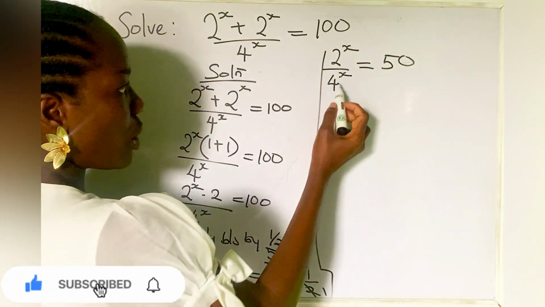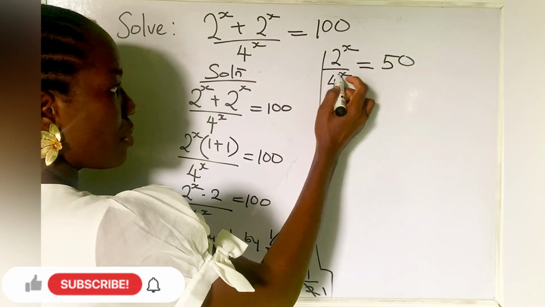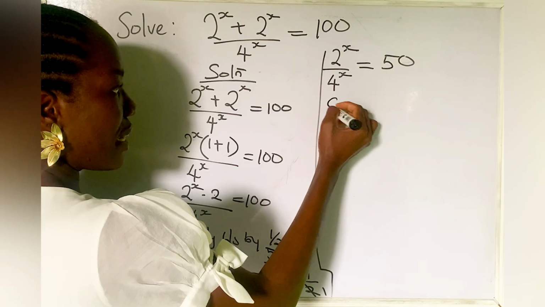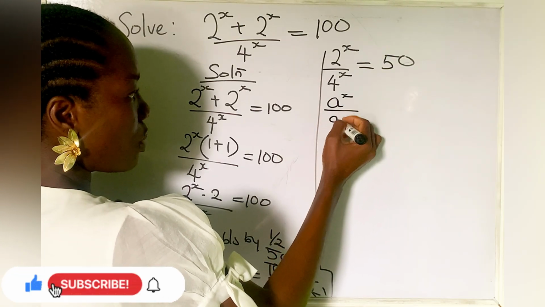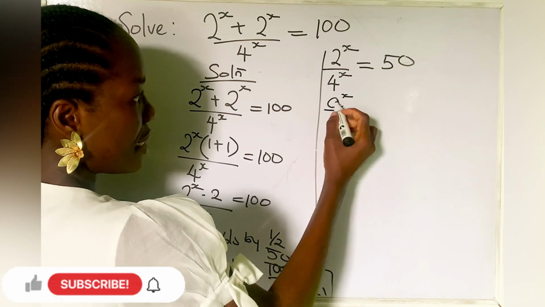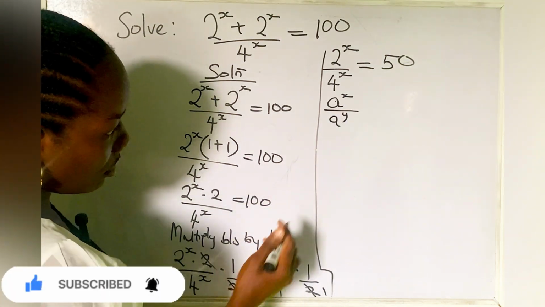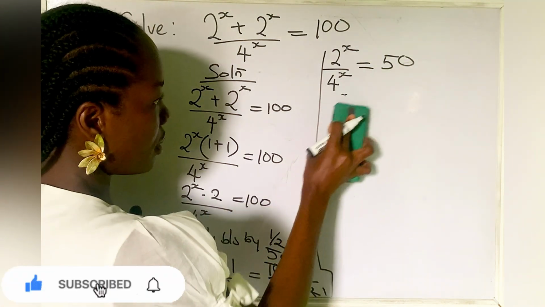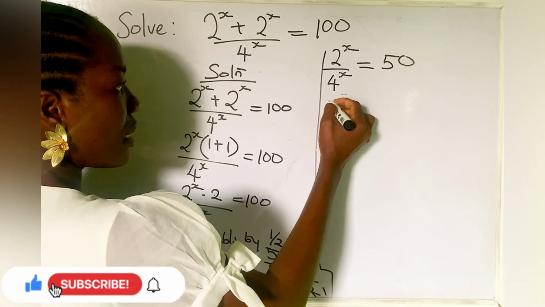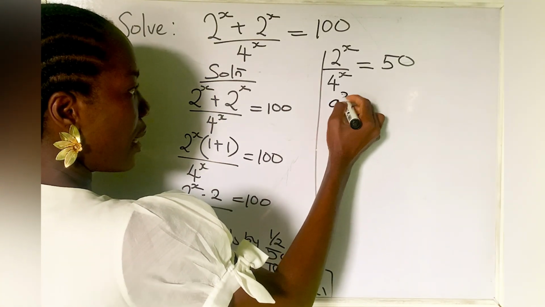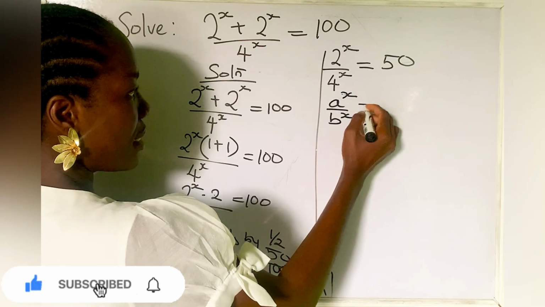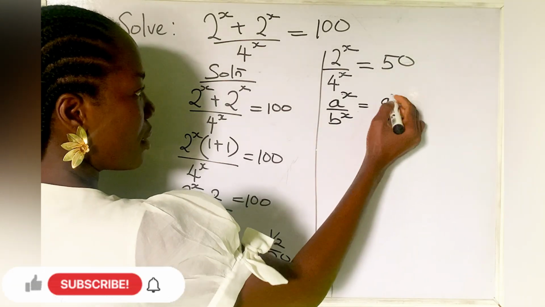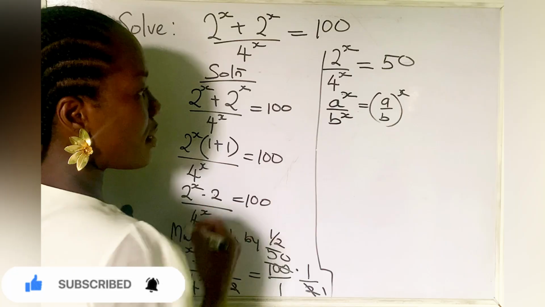All right? So now because we have the same powers, let's put it this way. When we have a to the power of x over b to the power of x, write it as a over b raised to the power of x.